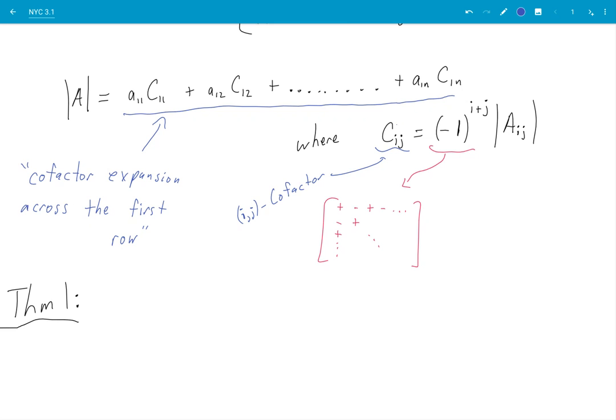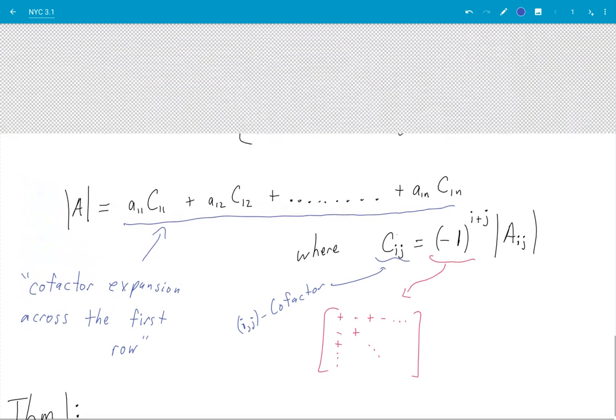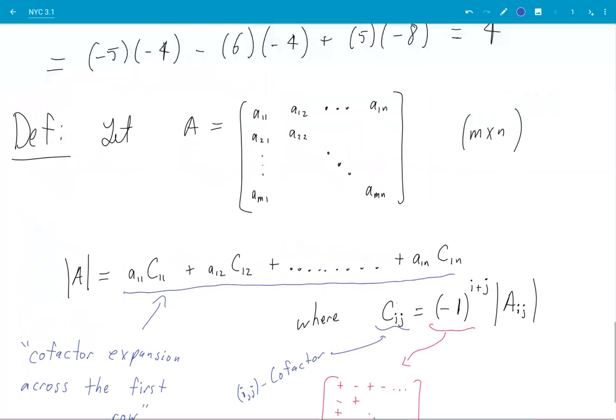Okay, one more thing before Theorem 1. I'm just realizing I made a boo-boo here. We define determinants only for square matrices. So I shouldn't be using an M here. I should be using an N. So scratch out that M and put in N. So it should be a square matrix.